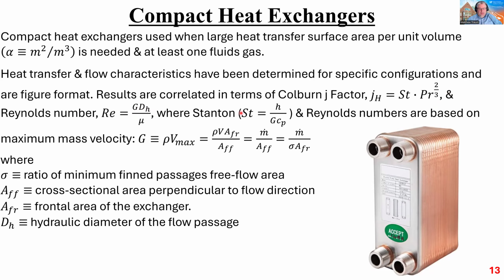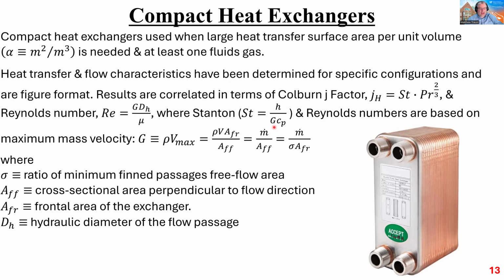And then, because you probably have not seen it before, the Stanton number is just a ratio of h over G c_p. What is h? h is a convection coefficient, right? So that's a value you need to know to find U.